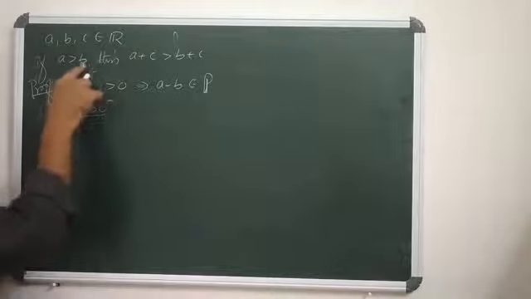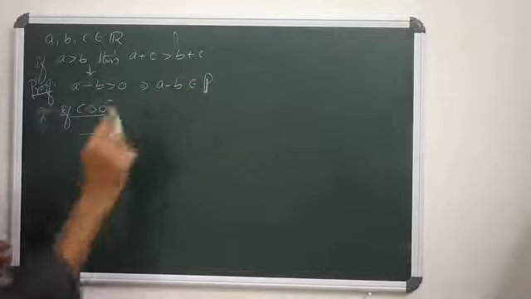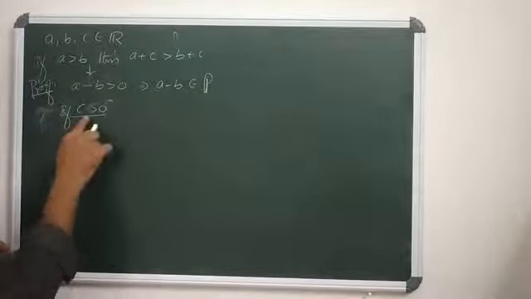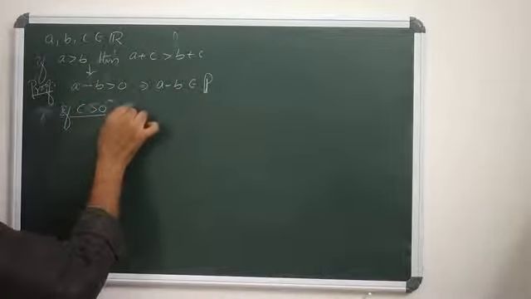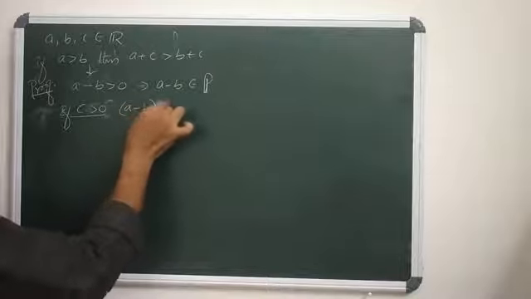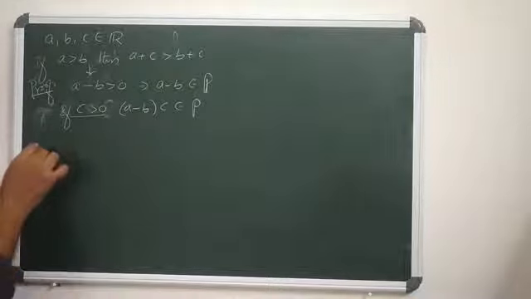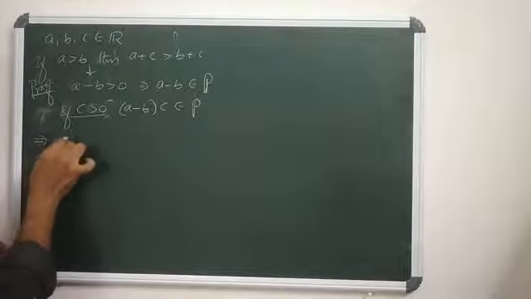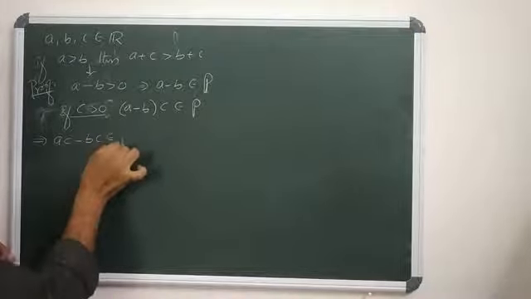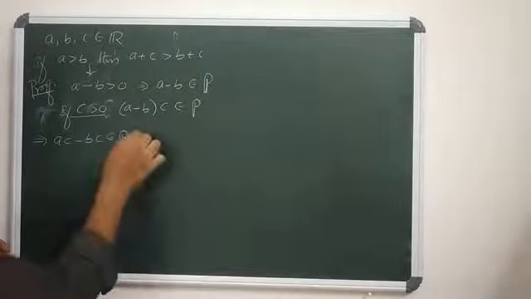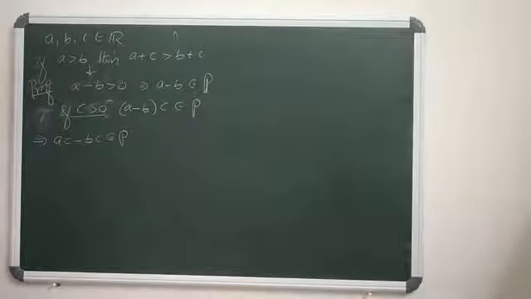A minus B falls in P itself. If C is positive, then A minus B into C also falls in P. Why? Because P is closed under multiplication. By the distributive law, AC minus BC falls in P.